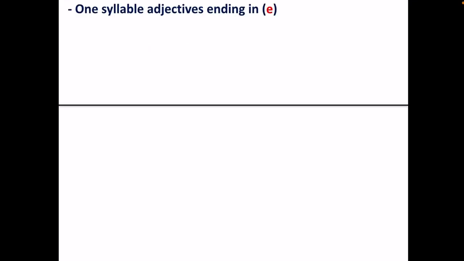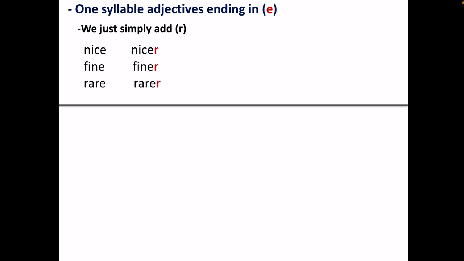Sometimes the one syllable adjective ends with e. In this case we just simply add r. We have nice, nicer, fine, finer, rare, rarer.